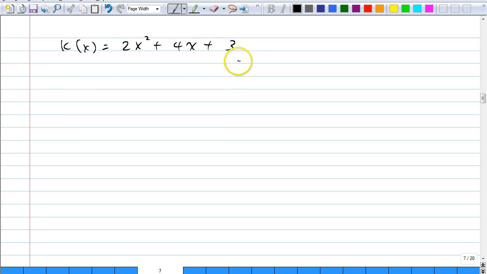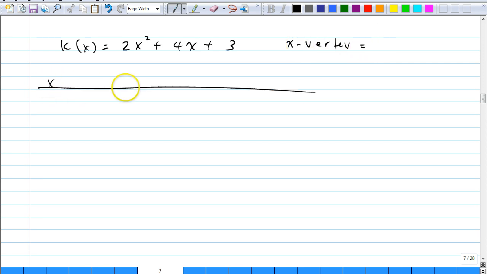Now, when you do a table, we have to find the x coordinate of the vertex first, because I don't know which values to plug in. So I need the middle one, the x coordinate of the vertex, and then 2 other points on the right side of it. So what was our formula again? Negative b over 2a.